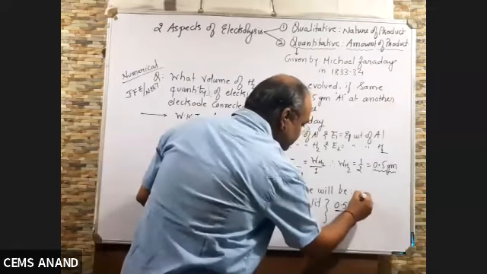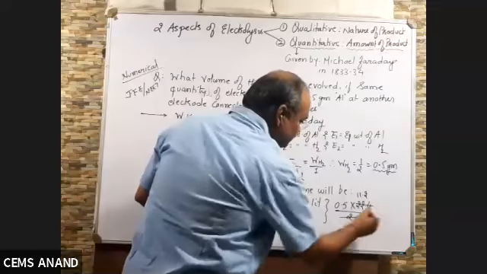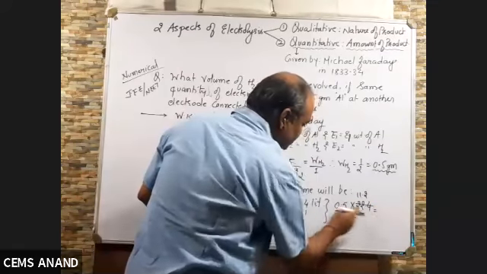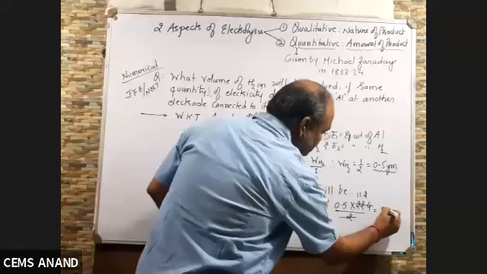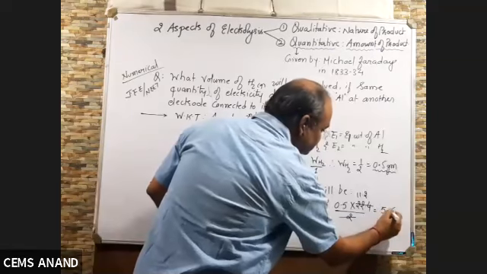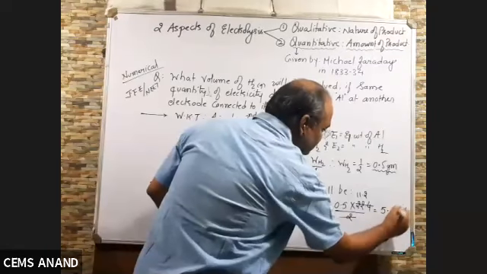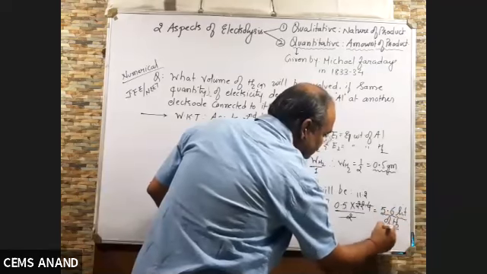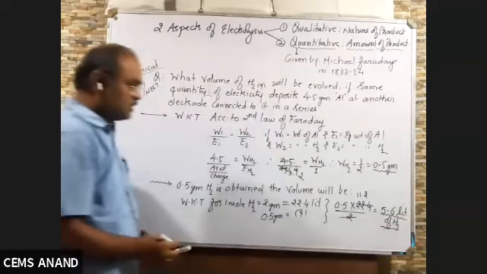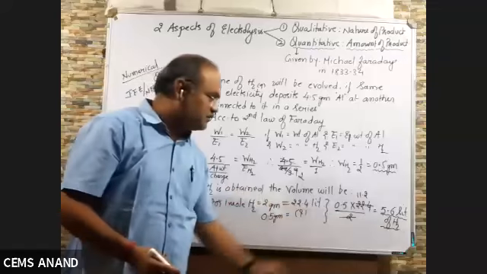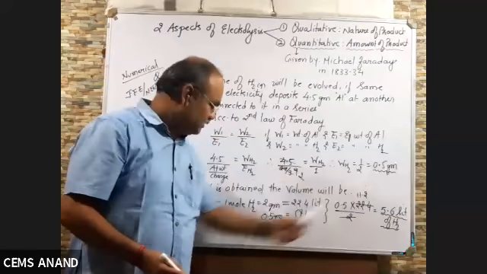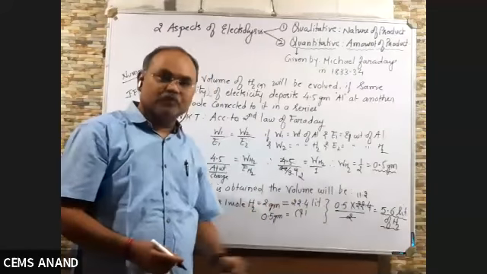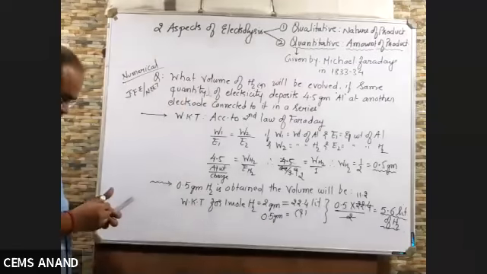So this will be 11.2 and this will be equal to 5.6 liter of H2. So this is your answer. By this way, first you can find out the weight of H2 and then you can find out volume from the weight.